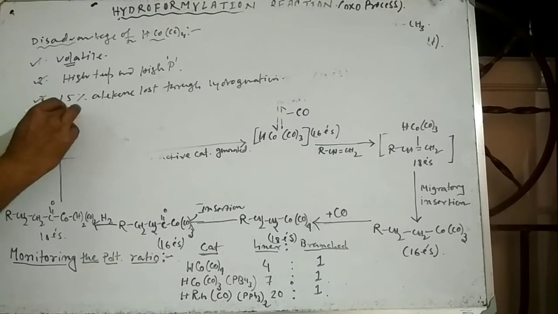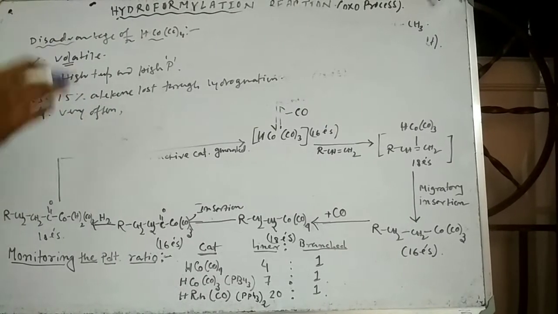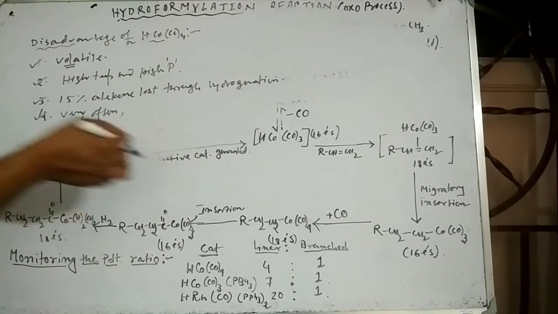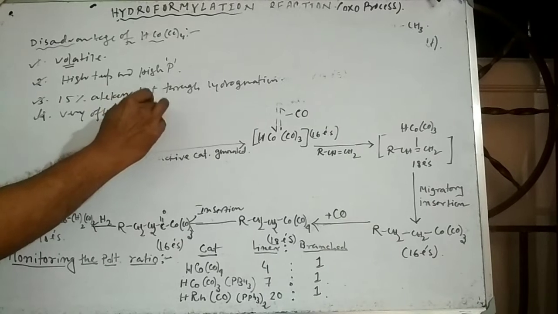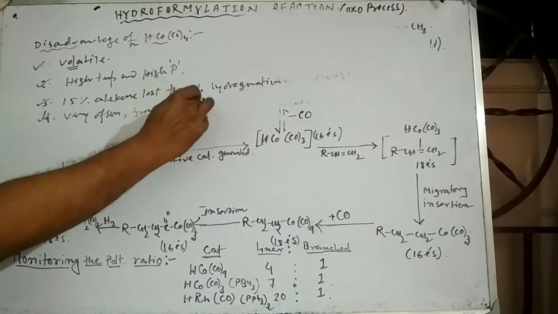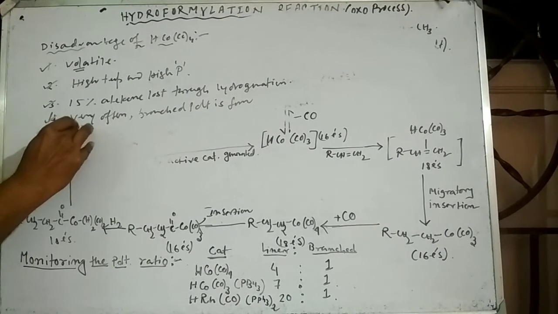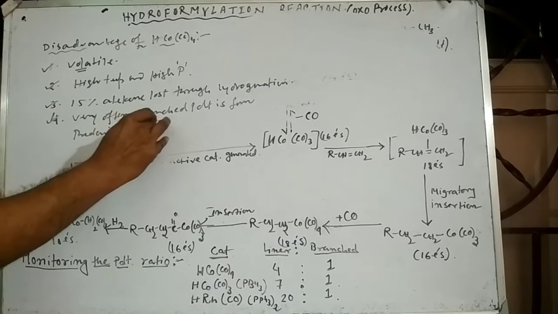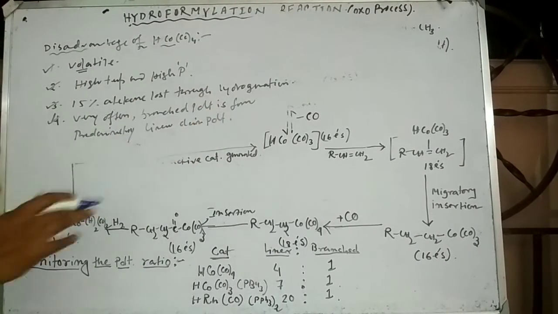And the fourth point: very often the branched product is formed predominantly over the linear chain product.